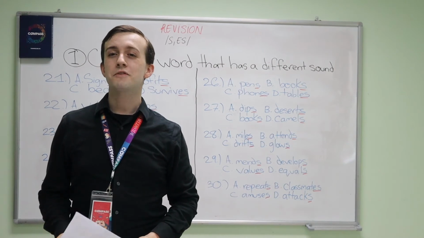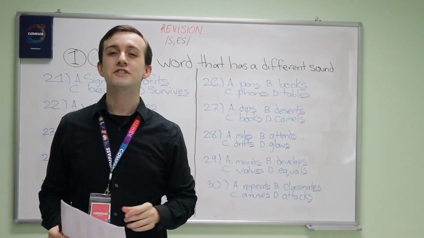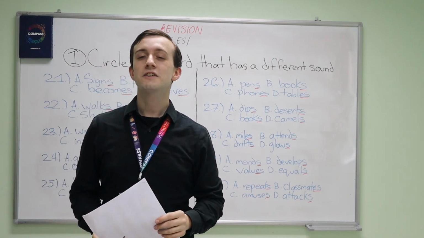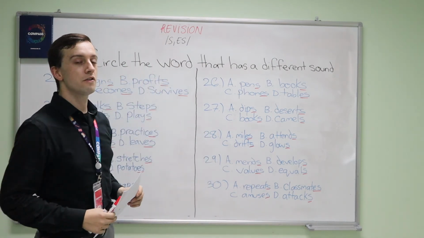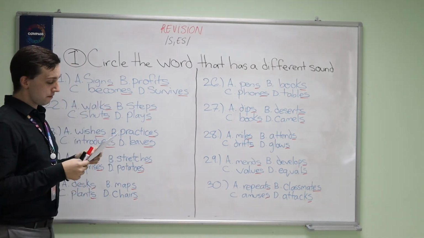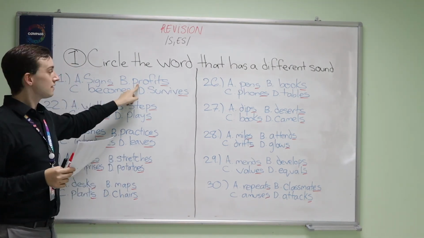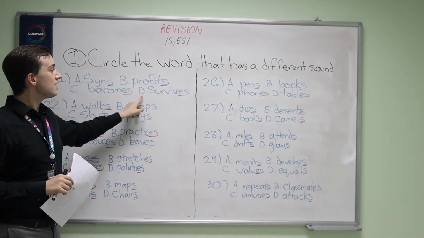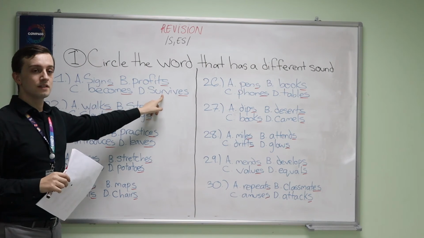Alright, now I'm going to tell you the answers for questions 21 to 30. Let's start. Firstly, question 21. The words are A, signs, B, profits, C, becomes, and D, survives.